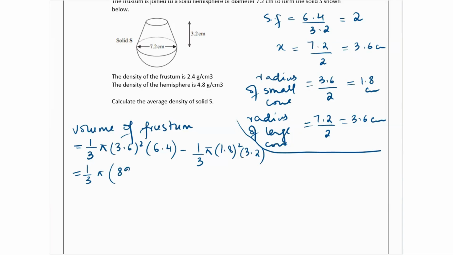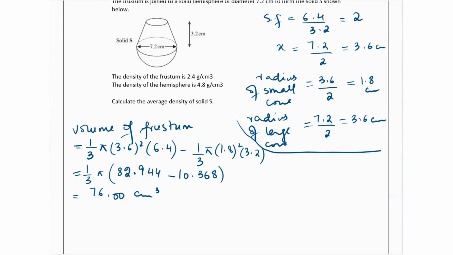That's 82.944, minus 1.8 squared times 3.2, that's 10.368. So 82.944 minus 10.368, divided by 3, times pi, that's 76.00 centimeter cube. That is the volume of the frustum.